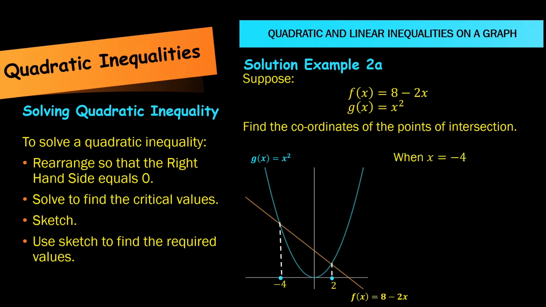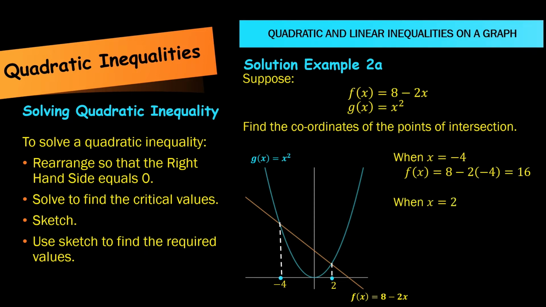Now when x equals minus 4, f of x equals 8 minus 2 times minus 4. We've simply substituted the value of x equals minus 4 in the linear equation f of x to give us f of minus 4 is equal to 16.